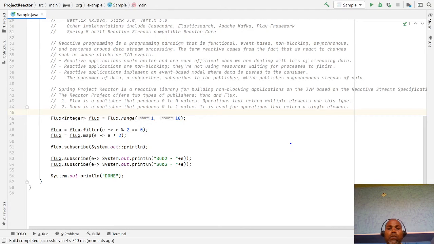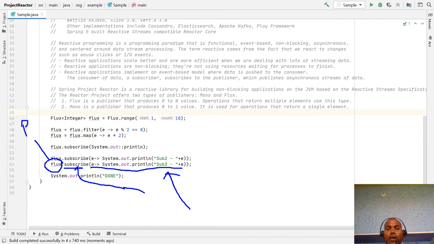So this is one simple demonstration of the publisher-subscriber interface of reactive stream programming. If you notice, here our Flux is your publisher, and to subscribe to any publisher we have to invoke the subscribe method, and here is our subscriber, and what the subscriber is doing.